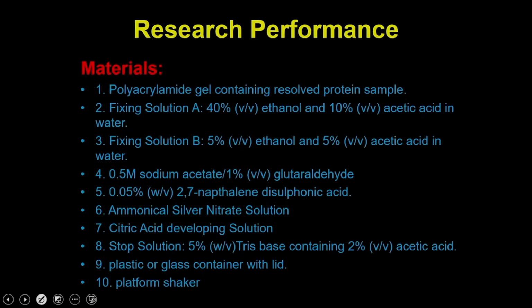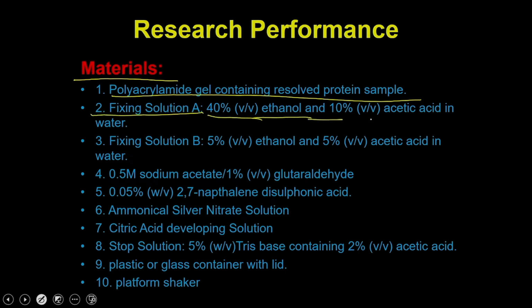The materials required for silver staining are an SDS-PAGE gel where you have resolved the samples. Then you require fixing solution A, which contains ethanol as well as acetic acid. Then you require fixing solution B, which contains ethanol and a different concentration of acetic acid.